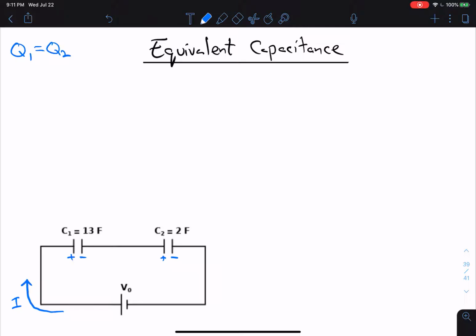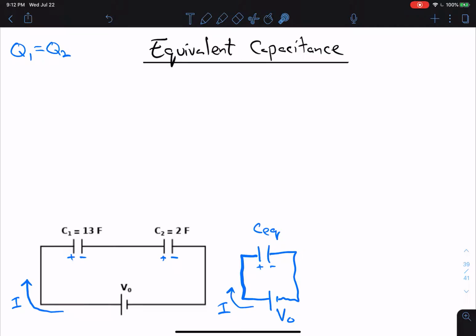Now let's draw our equivalent circuit. So here's my equivalent circuit. And because I want the battery to behave the same, the electrons are going to leave and they're going to get deposited on this plate.